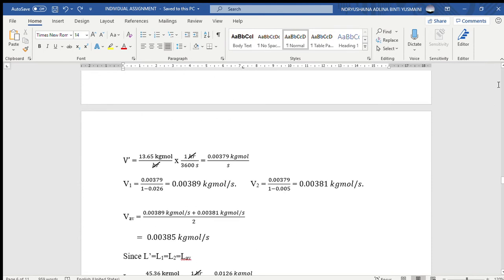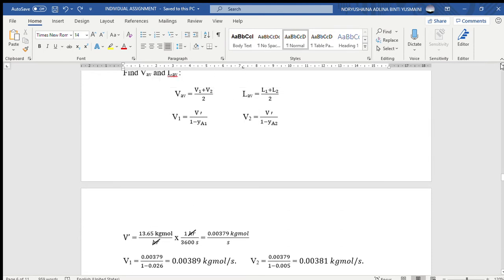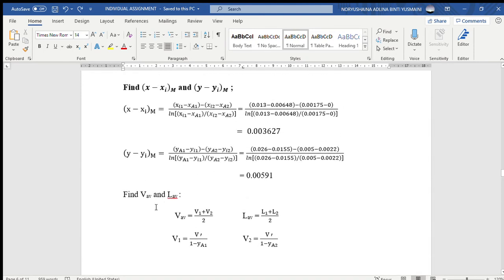The last step before we can calculate the tower height is to find the V average and L average. So the V average formula is V1 plus V2 over 2, as well as the L average, L1 plus L2 over 2. So to get the V average, we must first know the value for V1 and V2.